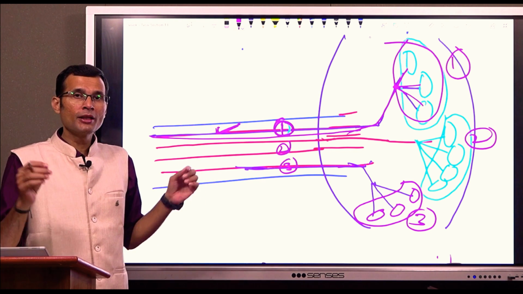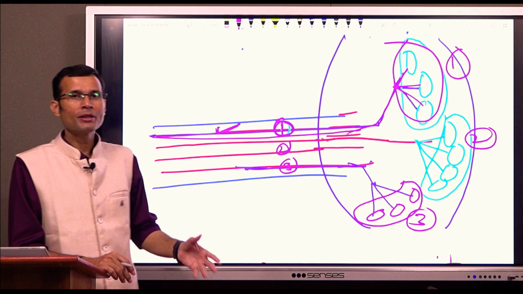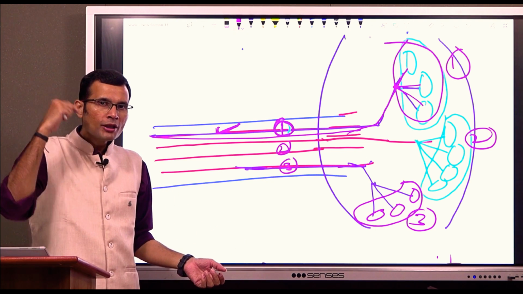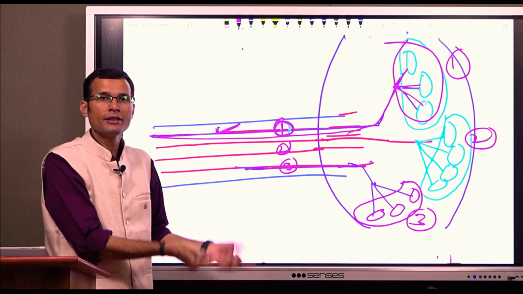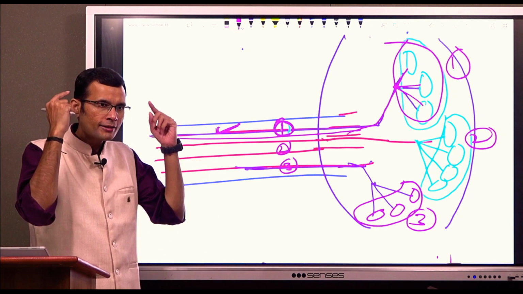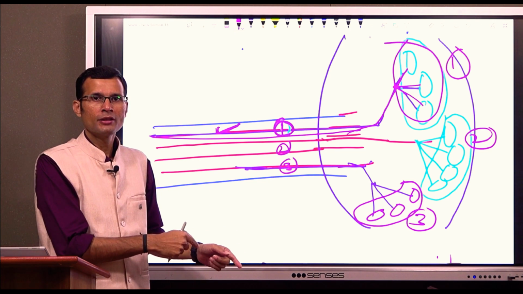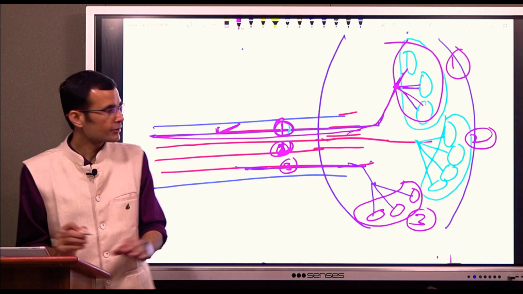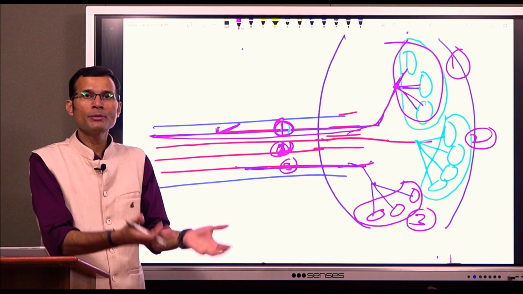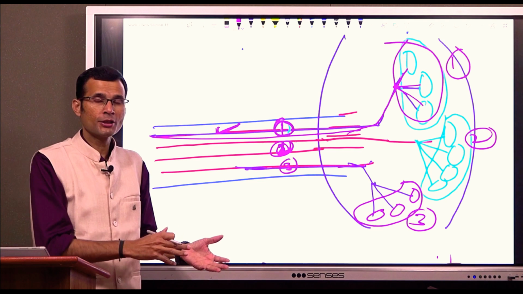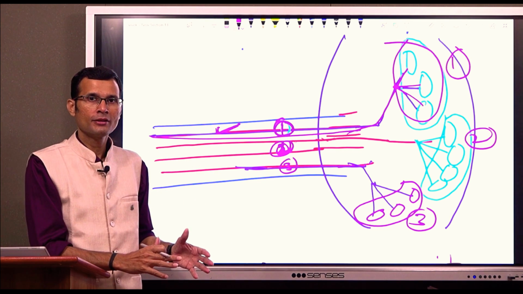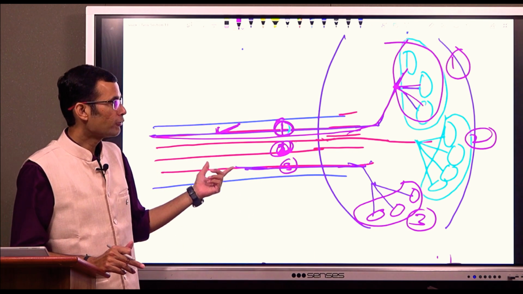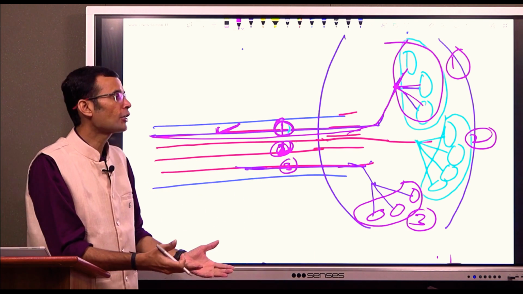If I increase the stimulus strength further, for example, I gave you the example, if I increase the load which has to be lifted, the stimulus strength coming from the cortex is increased to the muscle. Cortex sends a stronger signaling to the muscle. So now, two nerve fibers will be stimulated, because a stronger stimulus has been coming from the cortex, because cortex has recognized that the load has increased and therefore you need to produce a stronger contraction.